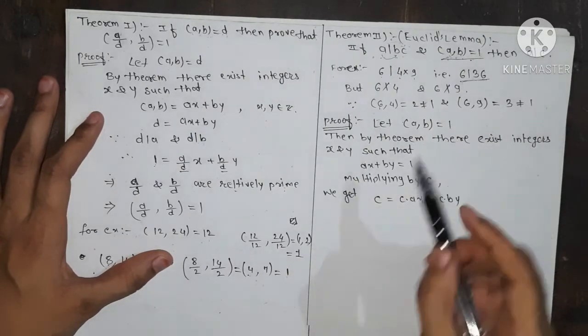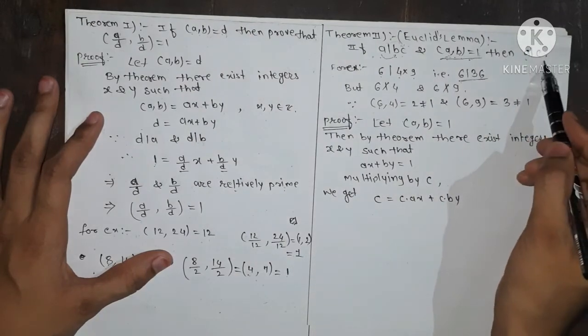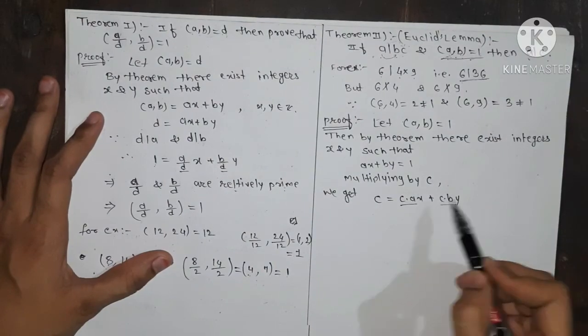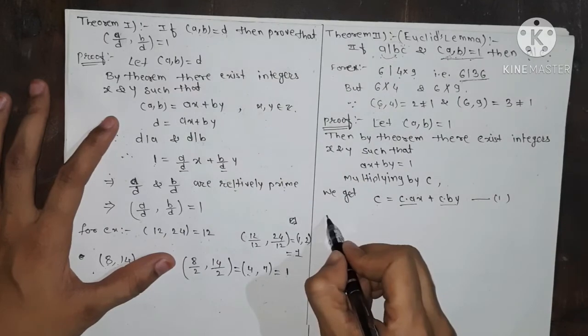Here we have to prove that A divides C. So we have to prove that if A divides this and A divides this, then A divides C. We give this as equation number 1.